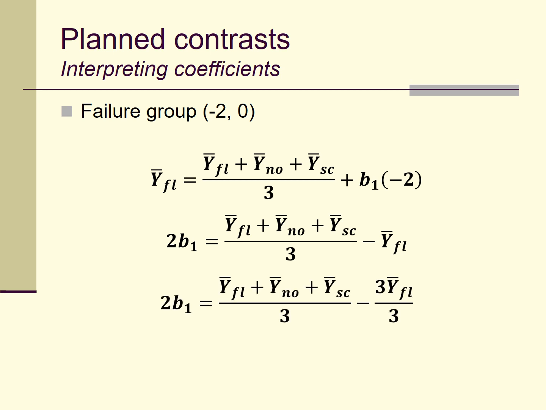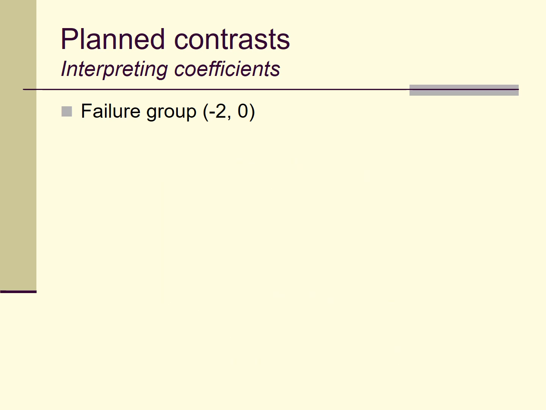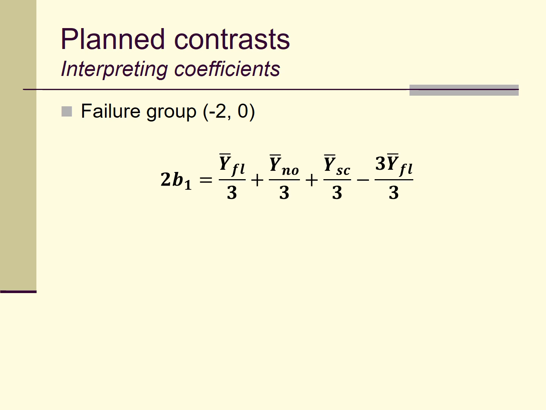And you can see here I'm going to express the average of the failure group as 3 over 3 times the average of the failure group, because that'll allow me to do a little bit of subtraction. In just a second, I'm going to break up that fraction there to make it a little bit more obvious what I'm doing. Okay, so there's that same formula from the previous slide.